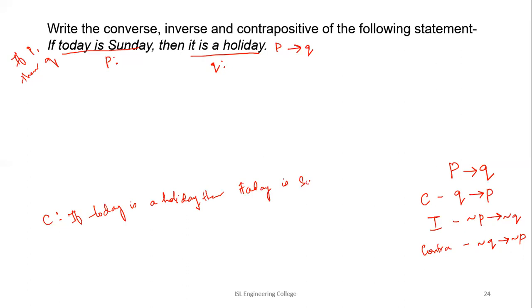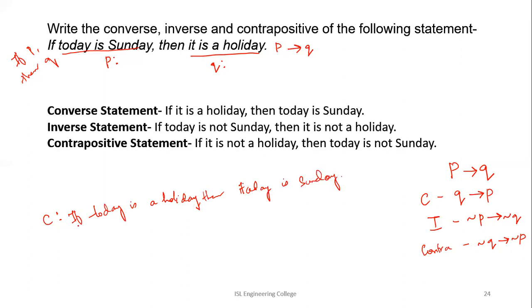The statement should have the meaning of Q implies P. So if it is a holiday, then today is Sunday. Similarly, inverse for the statement: if today is not Sunday, then it is not a holiday. And for contrapositive, if today is not a holiday, then today is not Sunday. So not and then again not.